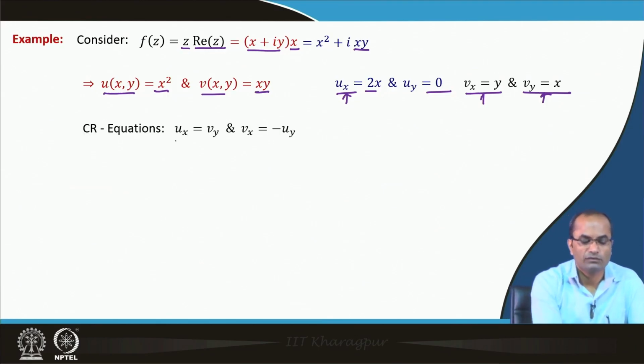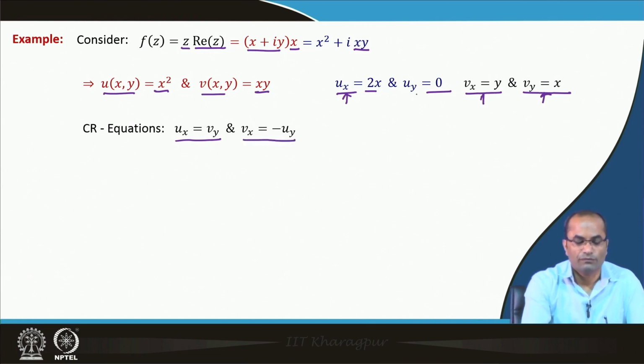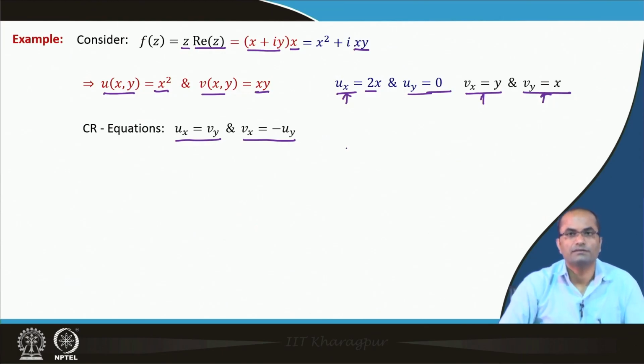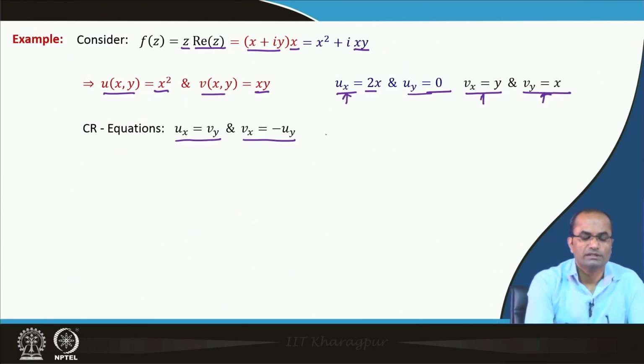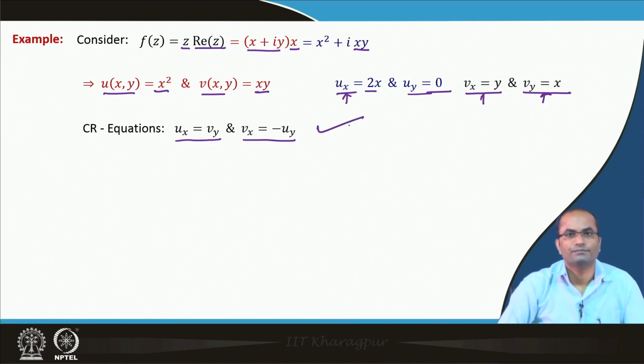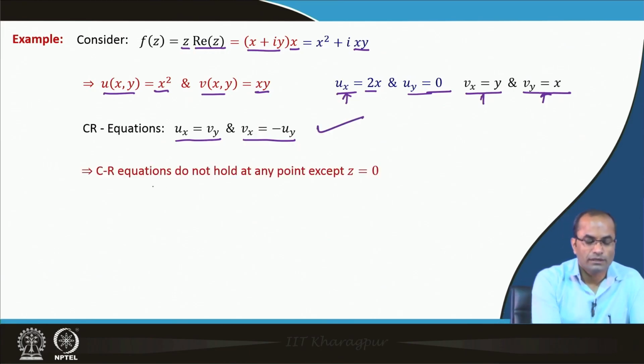That means the CR equations, u_x equals v_y and v_x equals minus u_y, at the origin are satisfied, because all these partial derivatives are 0 at the origin. So, these CR equations are satisfied at the origin.